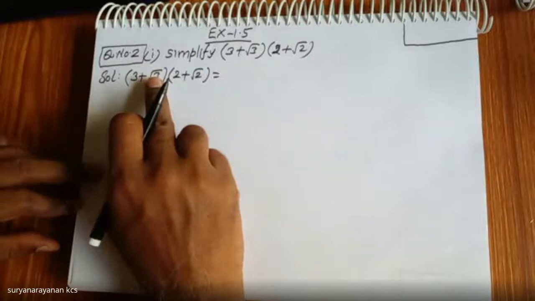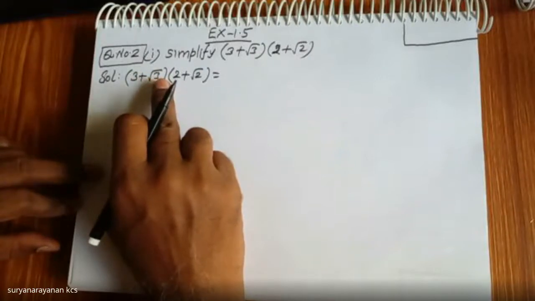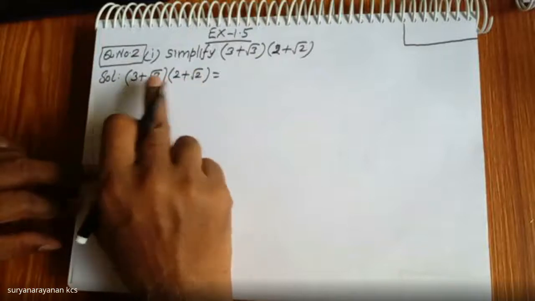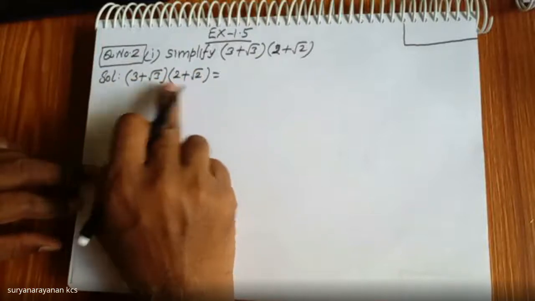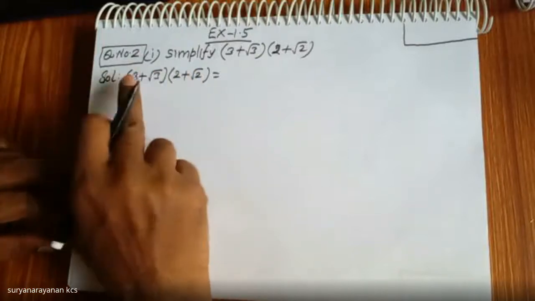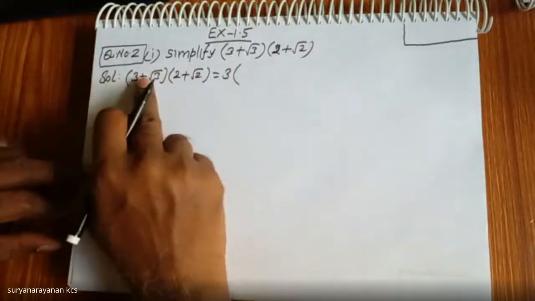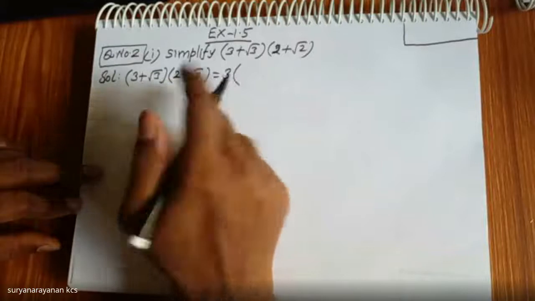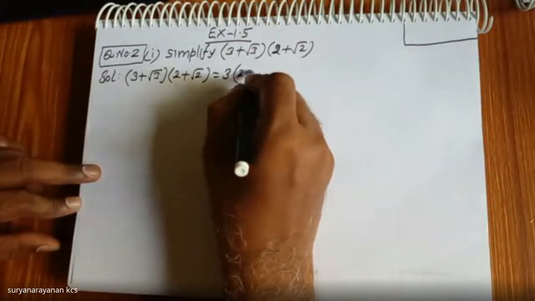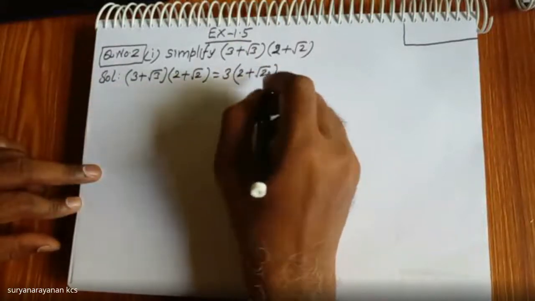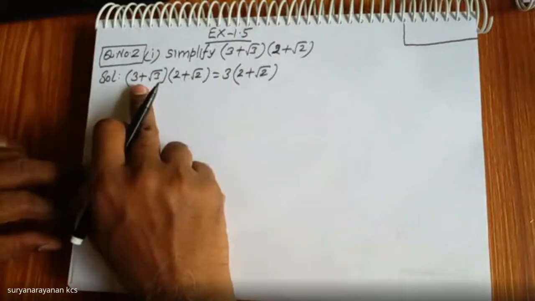When you are multiplying two algebraic expressions, we follow the distributive property. We take the first term of the first algebraic expression into the second algebraic expression written completely. Yes or no? Do you remember that procedure, my dear children?